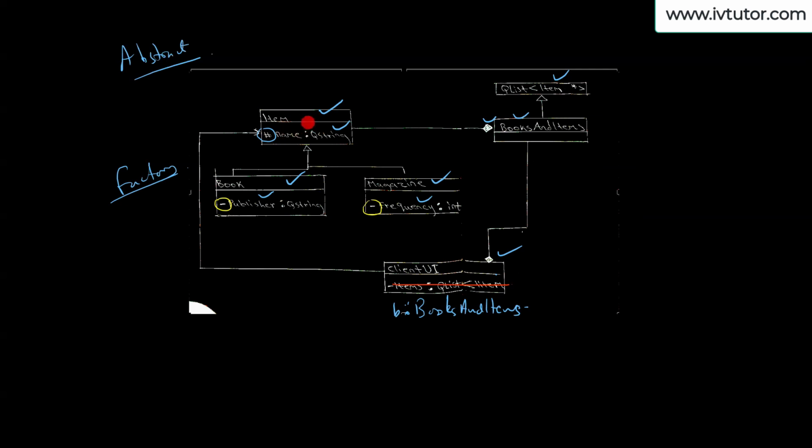Is it possible to have an item that's not a book, not a magazine? We don't know what it is, but it's an item. Like a generic item that just has a name. So that's subjective. It depends on how you defend it. But generally speaking, your diagram is fine. I think you've got the idea of how to draw these diagrams. It makes sense. I think I'm happy with it.